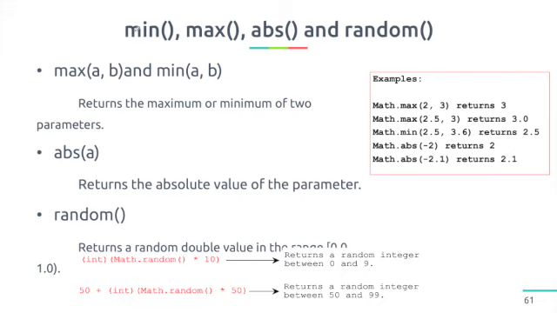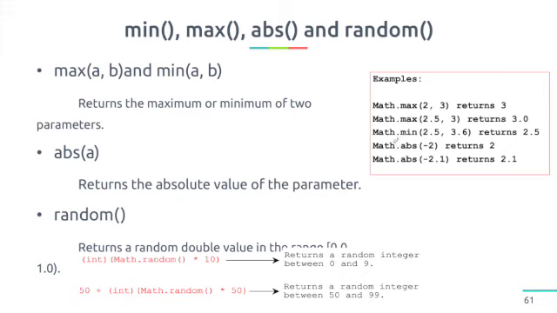So how to use min, max, absolute, and random? They're very easy. Max, you will give it two numbers and it will return which is the max between those. Min is the same way, and we write it in a similar fashion. So we write Math, which is the name of the class, dot max, and then we write the two values. It will return the bigger of those two.